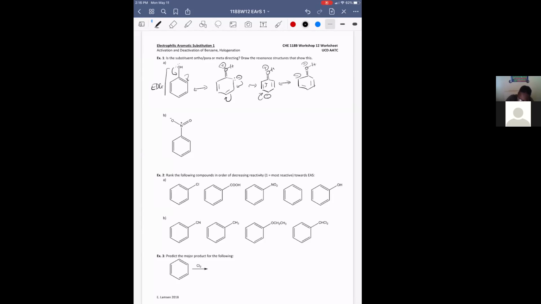So these would all be resonance forms for our electron donating group. Lastly, we can regenerate our first structure of phenol. If we push electrons back to generate the double bond, our aromatic ring, and give oxygen a lone pair of electrons, that would be our electron donating resonance forms.